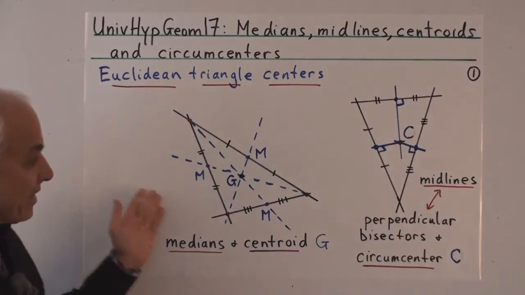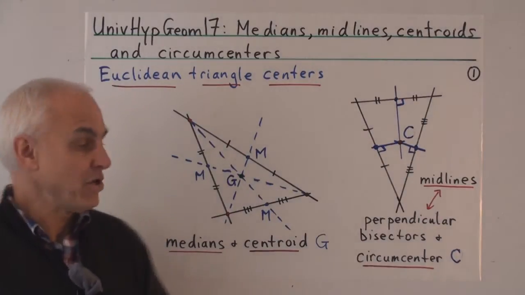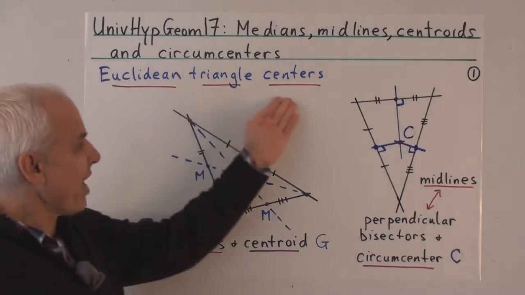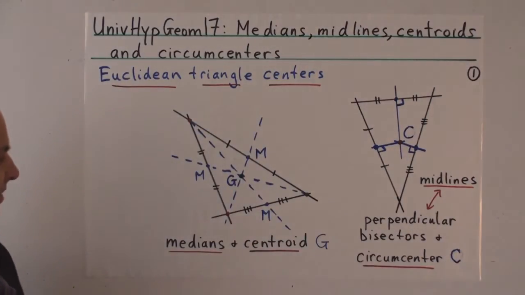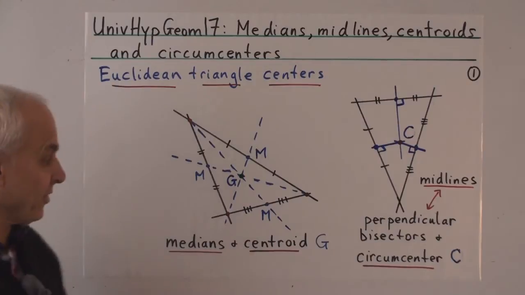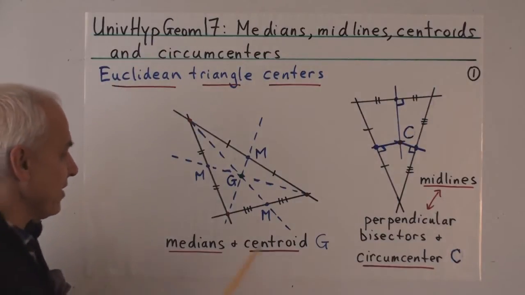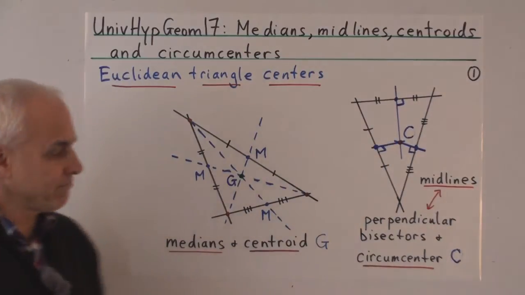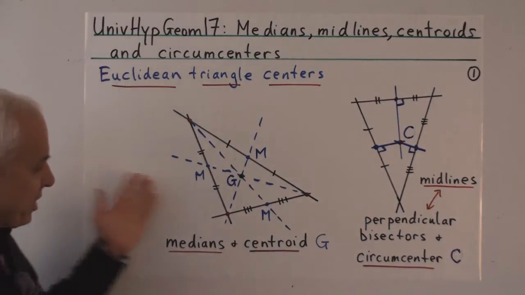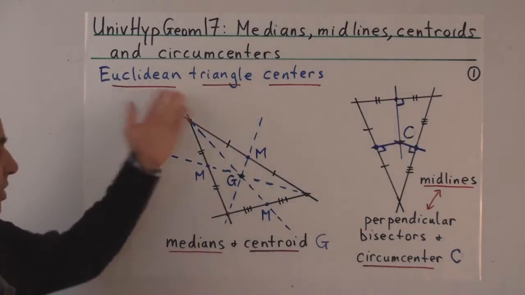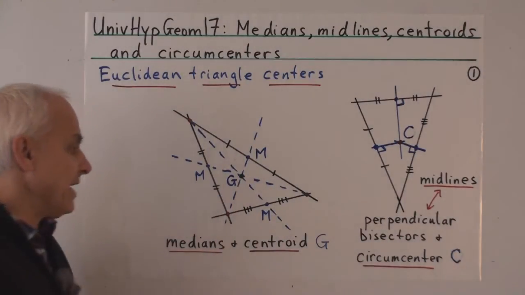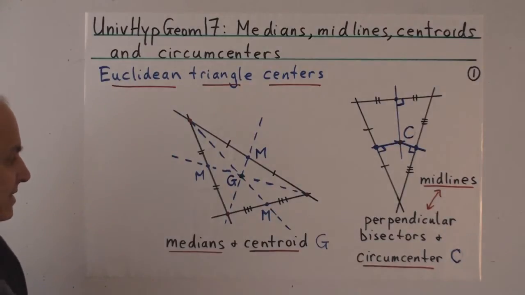Let's start with classical Euclidean geometry, some discussion of triangle centers in the Euclidean plane. We've already talked about the orthocenter. Today we're going to look at the centroid and the circumcenter. So in ordinary Euclidean geometry, these points go back to antiquity, and the centroid is the intersection of the medians.